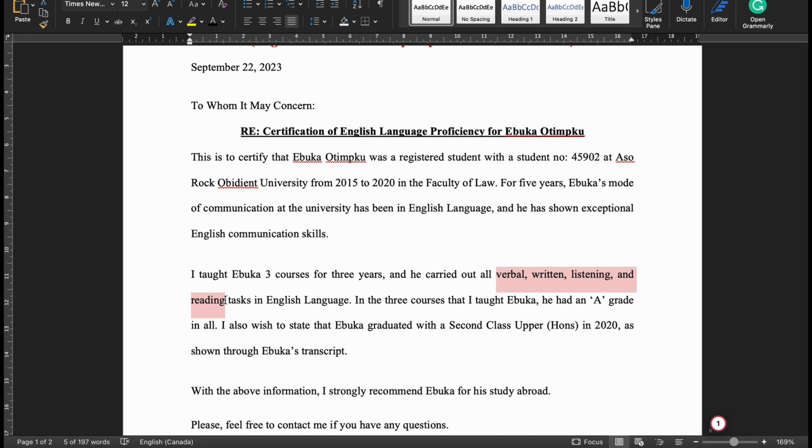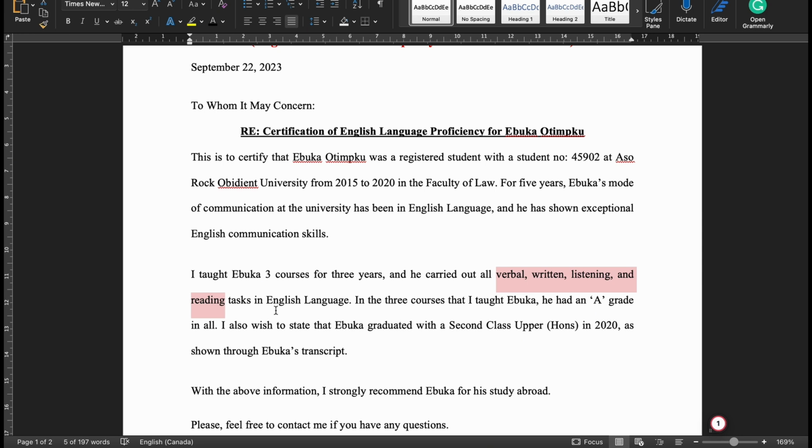They expect you to do the reading, the listening, the writing, and the speaking. That was exactly what I did here, so you want to include that as well. It's not necessary, but I like to be a little bit extra here and there. So he carried out all verbal, written, listening, and reading tasks in English language.